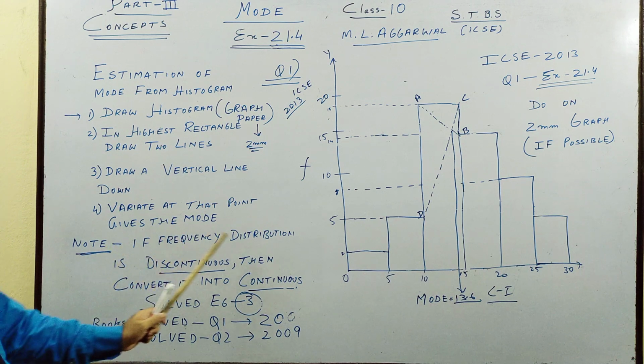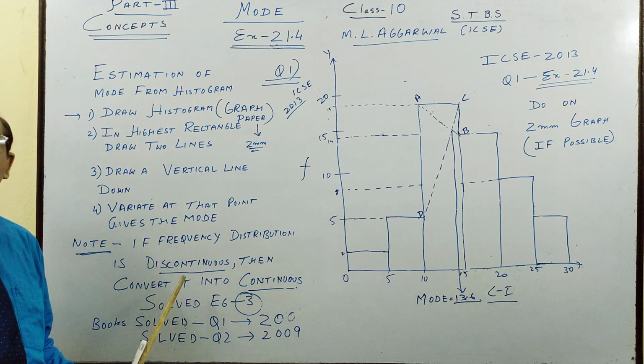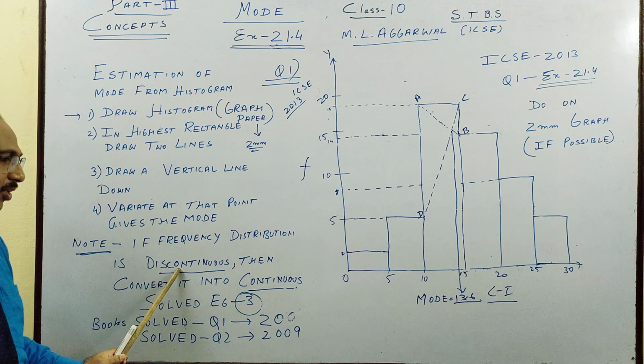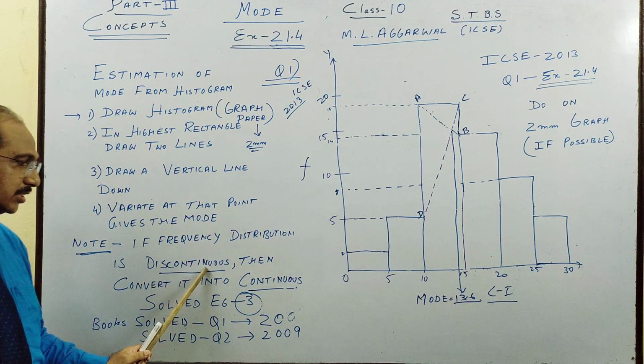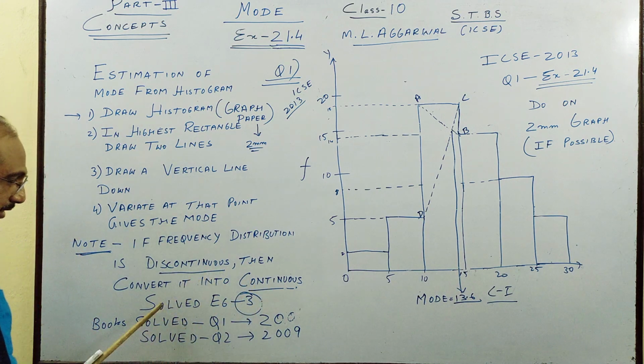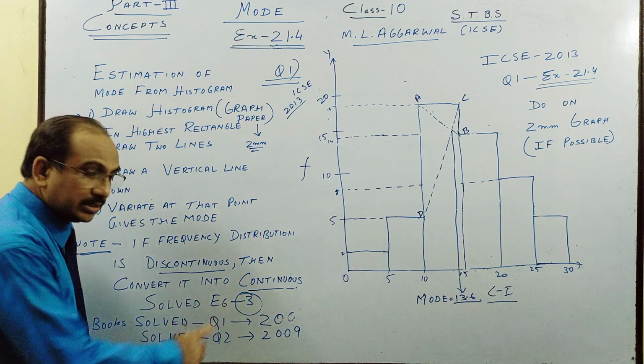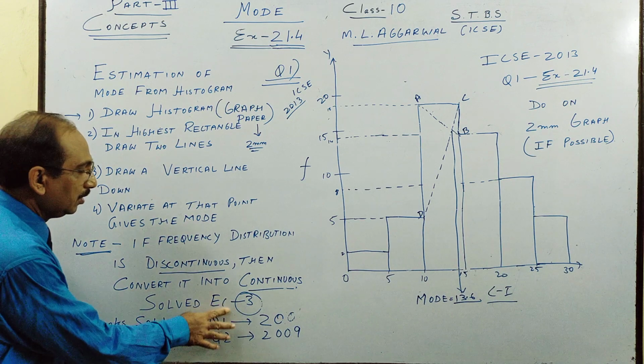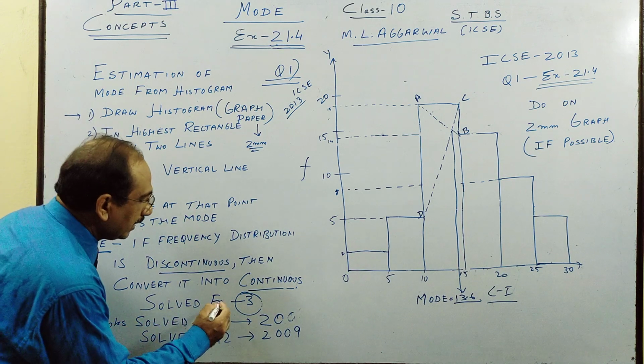Note, for a discontinuous frequency distribution, I'll have another separate video. You have to make it continuous. You will say, sir, what is that? Please see the solved examples. This is example 3, not example 6.